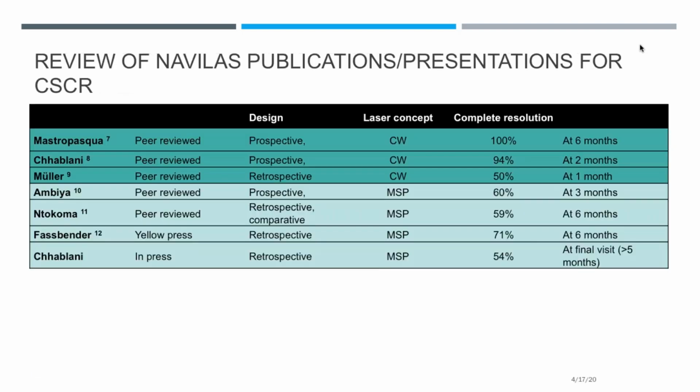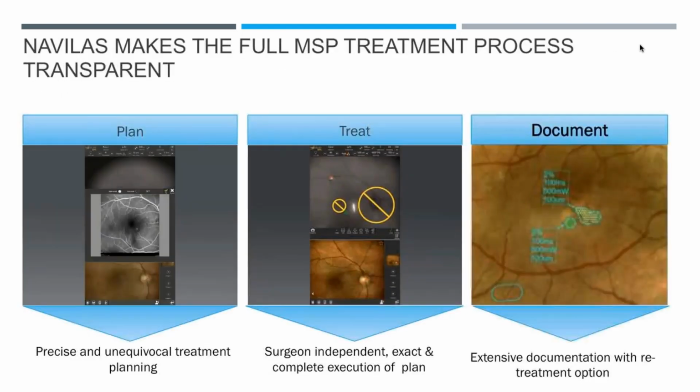This is just a review of papers on central serous retinopathy that have used a navigated laser approach, either with a continuous wavelength or in micropulsing mode. And here we can see the percentage of complete resolution in these publications.